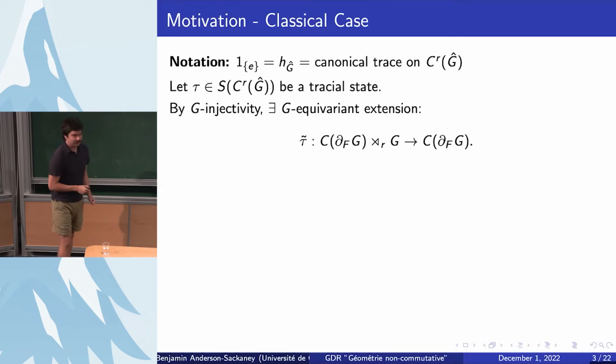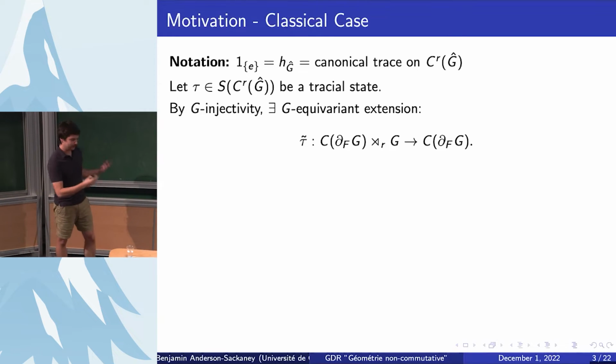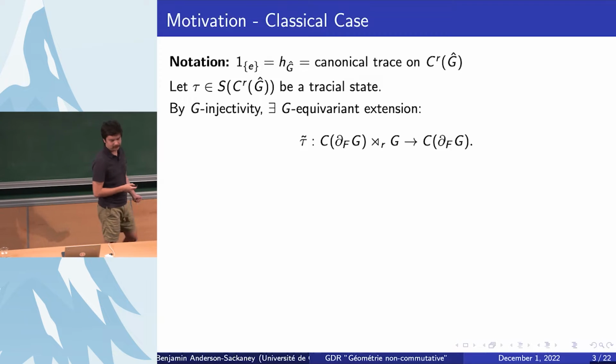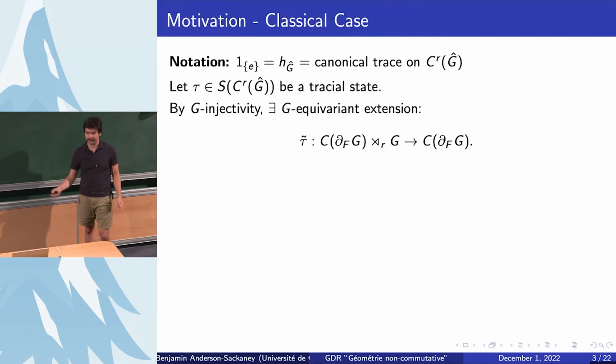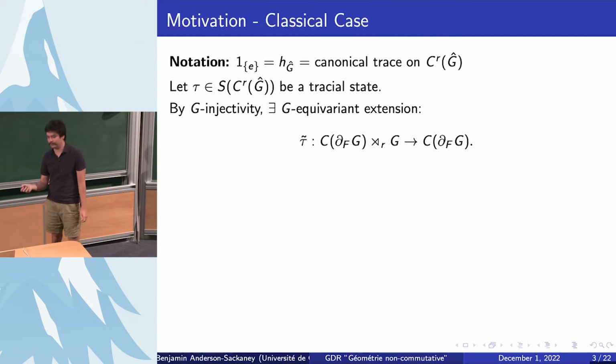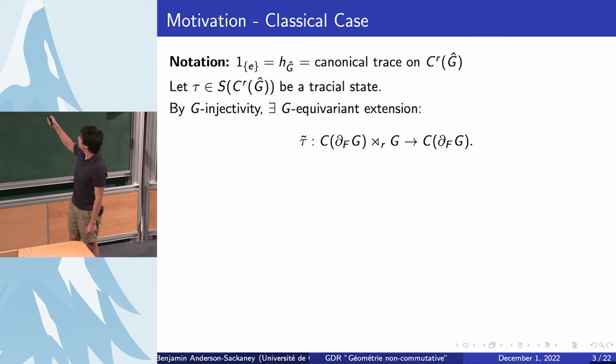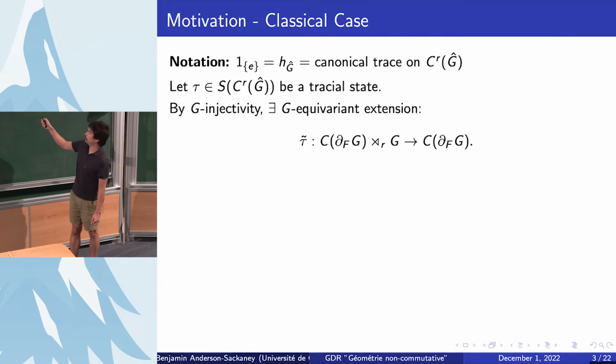Now let's illustrate what you can do with group dynamics. Let's take a tracial state on the reduced C-star algebra. By G-injectivity of the Furstenberg boundary, we can find a G-equivariant extension to the reduced crossed product of the Furstenberg boundary with G, to the Furstenberg boundary.